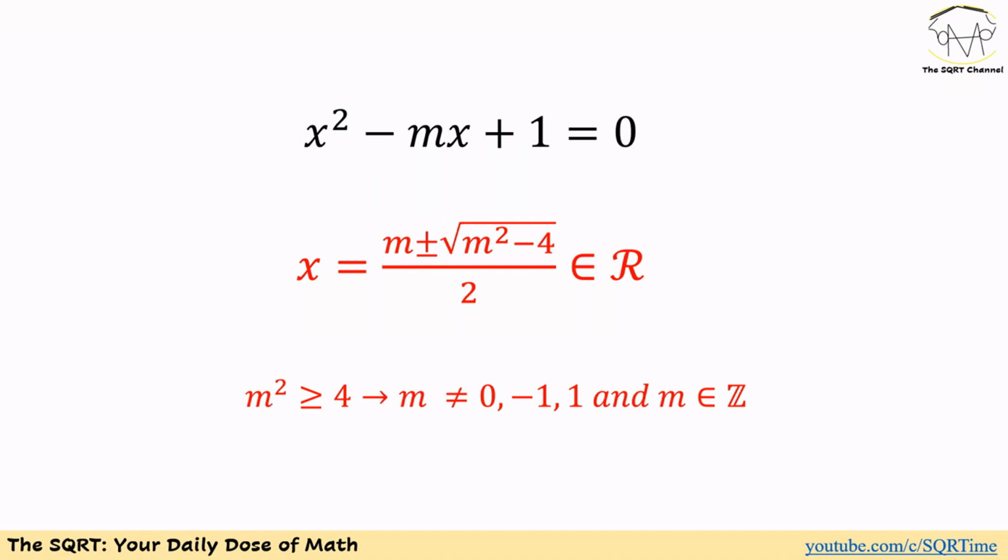It happens when m squared is greater than or equal to 4. So m should not be 0, 1 or minus 1. Remember, we are just looking at integer values that we can have for m. So for any integer value that you pick not equal to 0, minus 1 and 1, you can find the value for x, and you will see that x plus 1 over x will be an integer here.